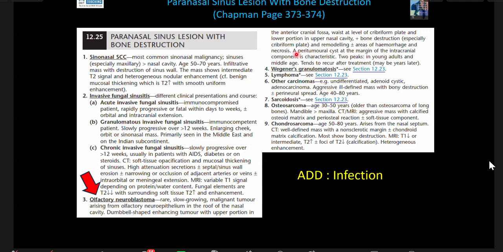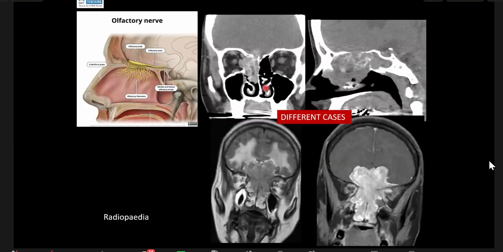A peritumoral cyst at the margins of the intracranial component is characteristic. There are two peaks, young adults and middle age. Our case was 77 years, so it was in the second age bracket. This is from Radiopaedia.